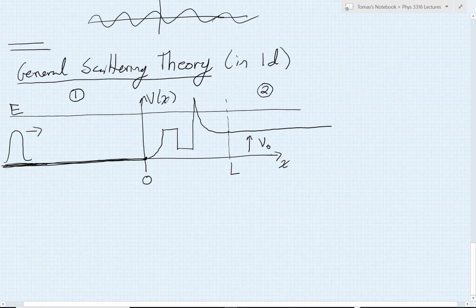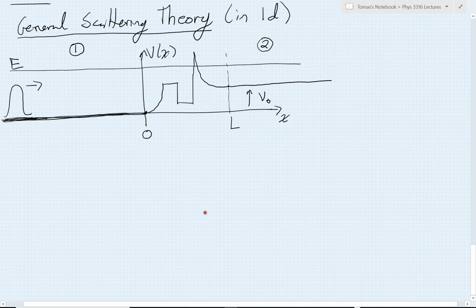We now have enough experience that we could directly write down the solution, or at least the general form of the solution, to the time-dependent Schrödinger equation. That solution would come in the following form. I will have my general case, like the very general case above. I would make it as a superposition, again, of incoming wave vectors. So in region 1, there will be a K1.